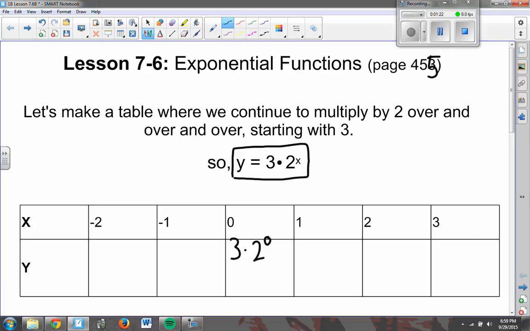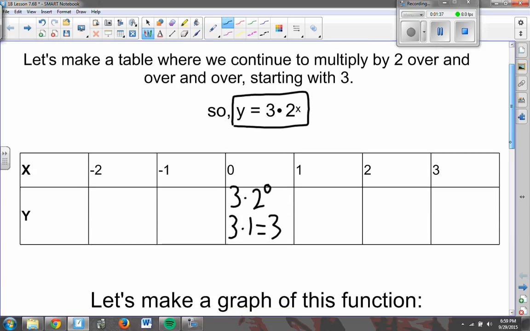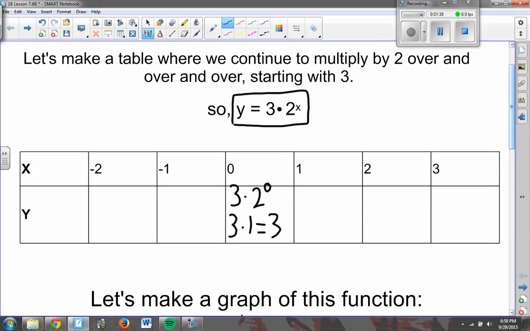Now we know anything to the 0 power is always 1. So this is 3 times 1, which equals 3. So 3 is our y value when x is 0.